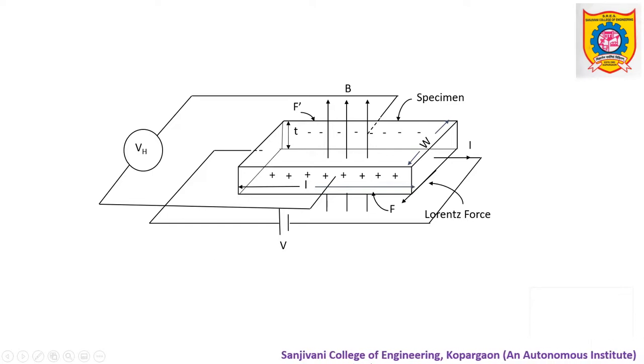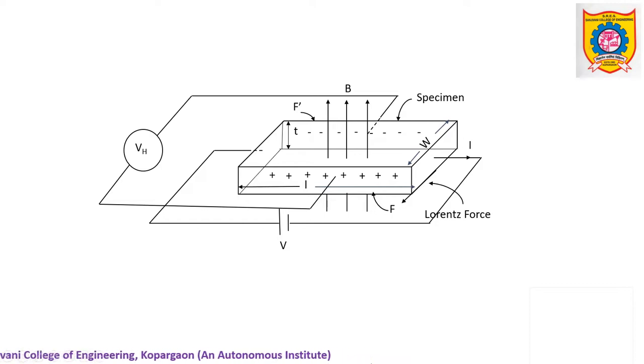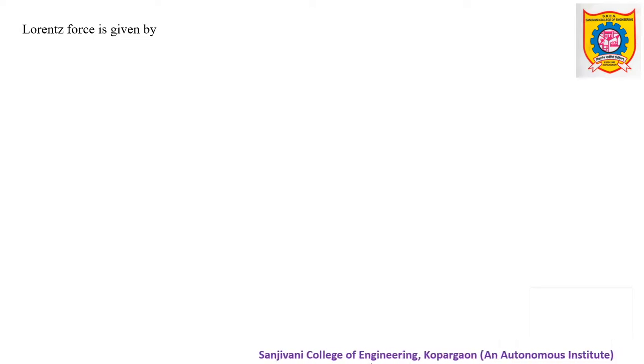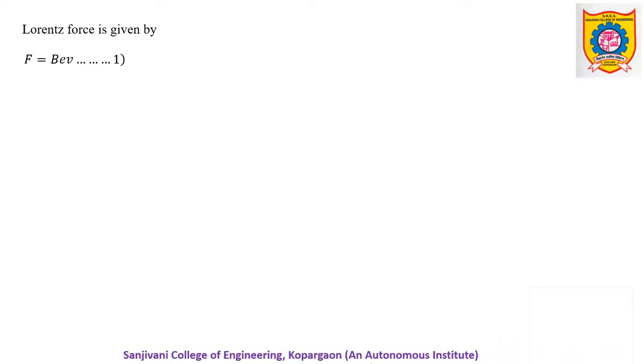Now let us see how we can obtain the expression for this Hall voltage as well as the Hall coefficient, which is defined as the reciprocal of the product of carrier concentration and charge of charge carriers. This Lorentz force, which is produced because of the action of magnetic field, is given by F equals BeV. B is magnetic field strength, e is the charge and V is the drift velocity.